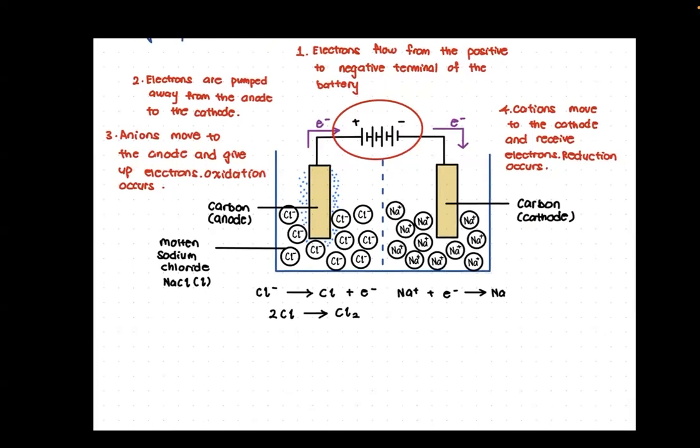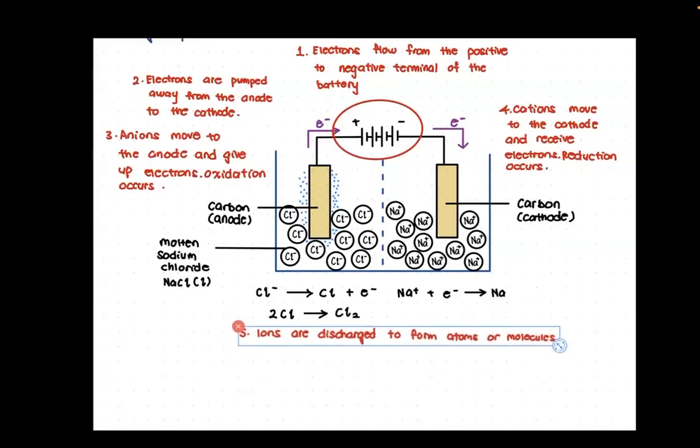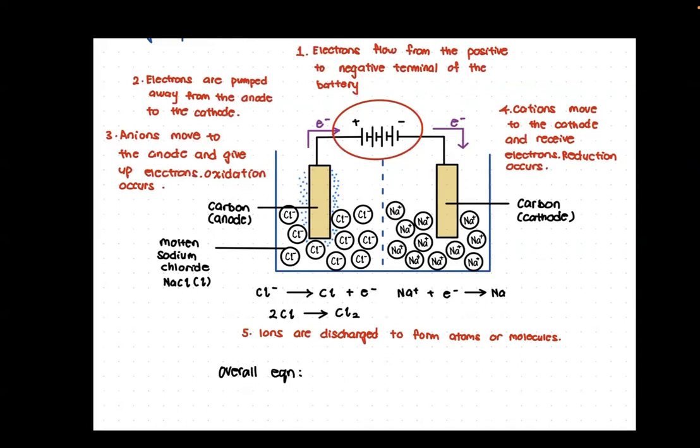So our fifth step is that our ions are going to be discharged to form atoms or molecules. How do we come up with our overall equation? All you want to do is take the reactants first and also write down the products.